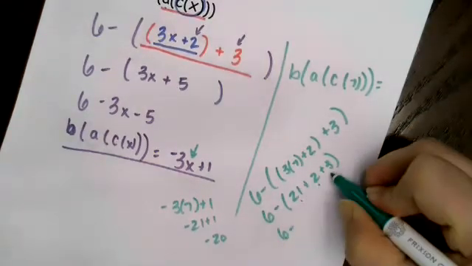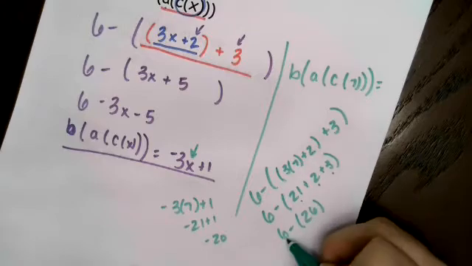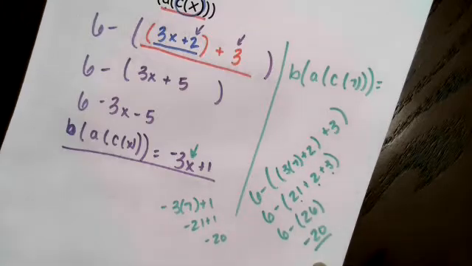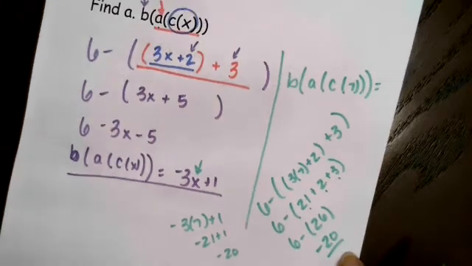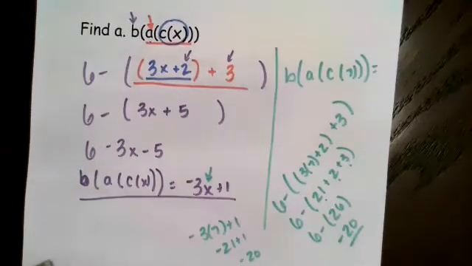So 21 plus 2 is 23, plus 3 will be 26. And then 6 minus 26 will be a negative 20. So if you have a specific number, your final answer will be a specific number. If you have an x, then my answer will obviously have an x. Okay, compositions of functions.